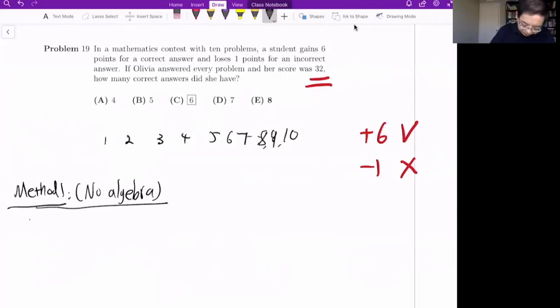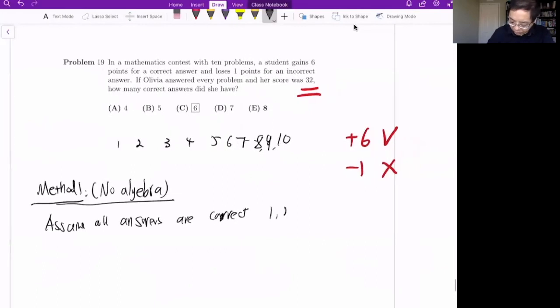So we assume all answers are correct: 1, 2, 3, 4, 5, 6, 7, 8, 9, 10.